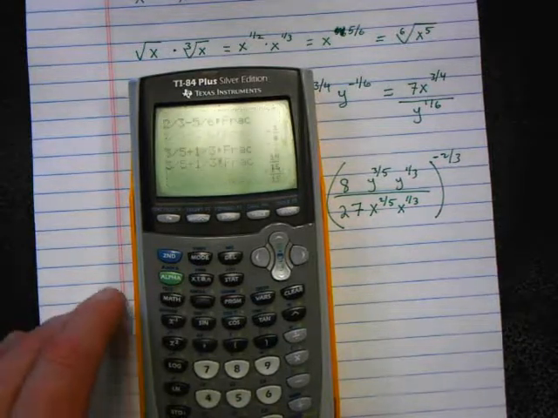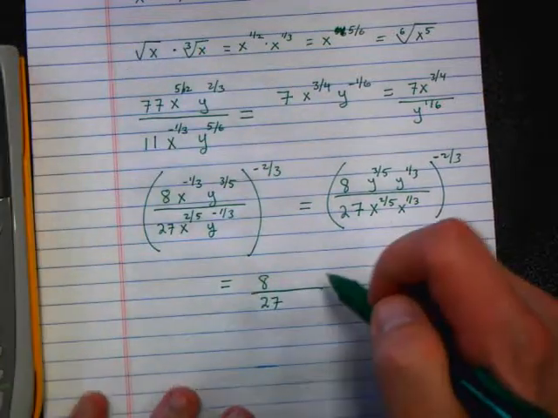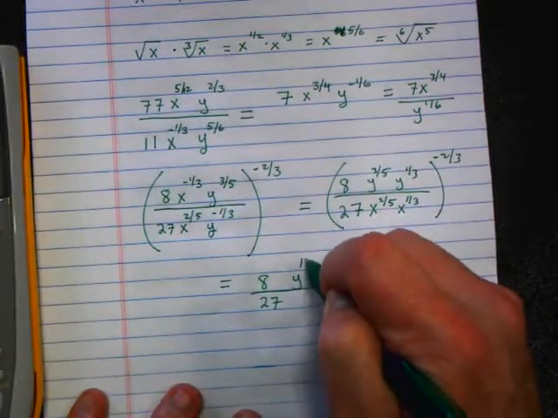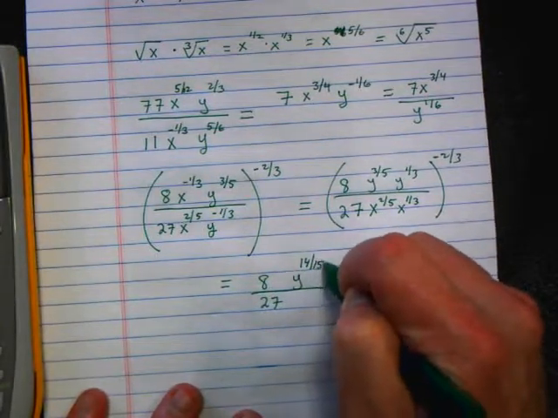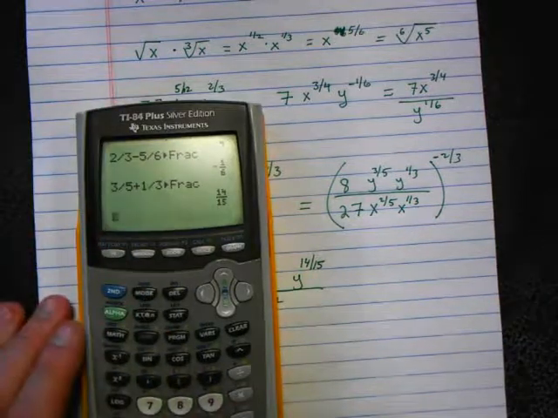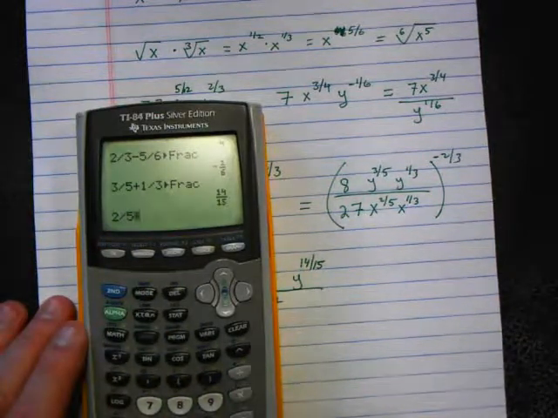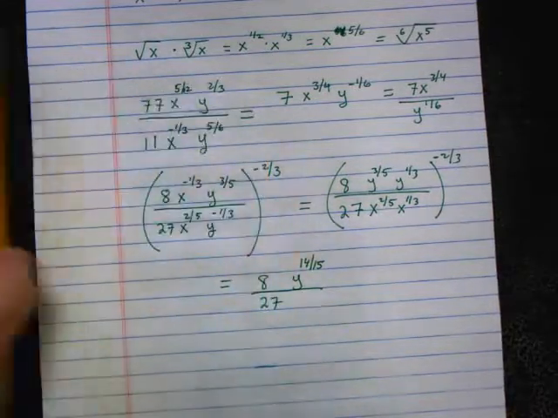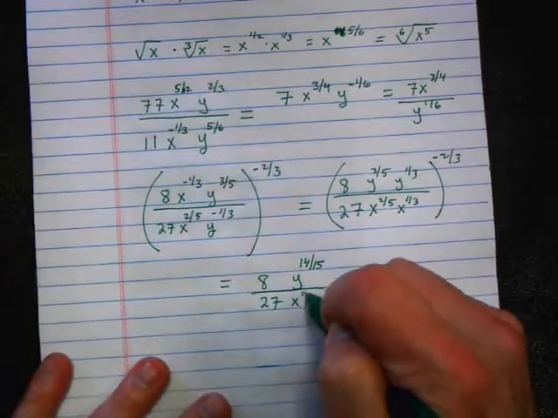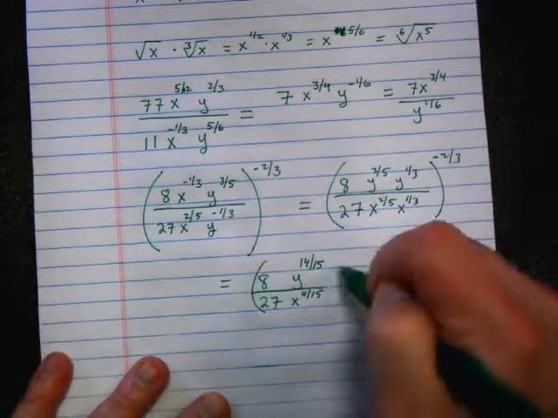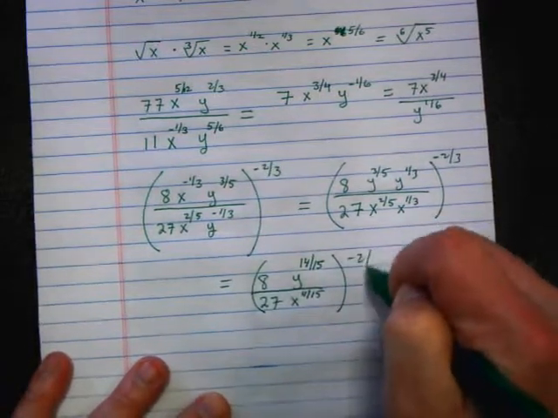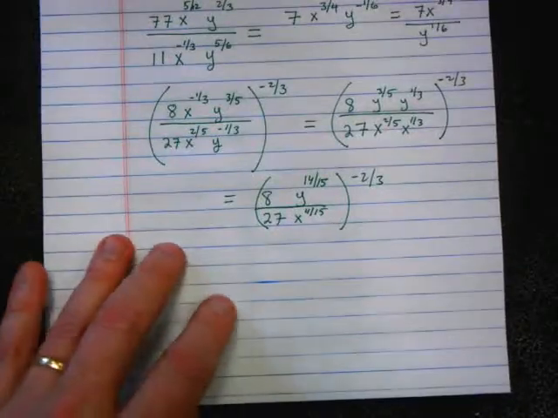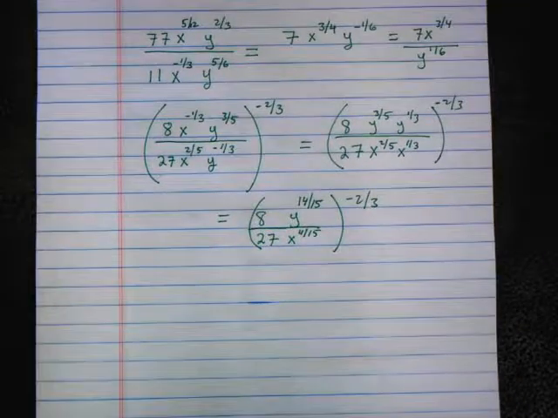Calculator says 14/15, so that's y to the 14/15. 2/5 plus 1/3 is 11/15, so x to the 11/15. Still got a great big power on the outside, a -2/3.